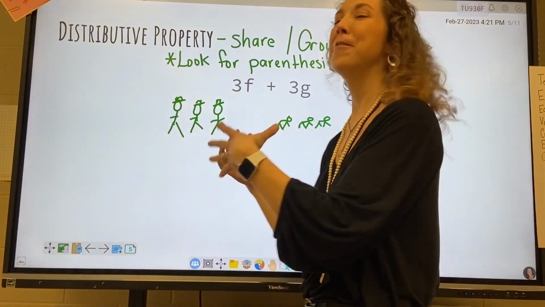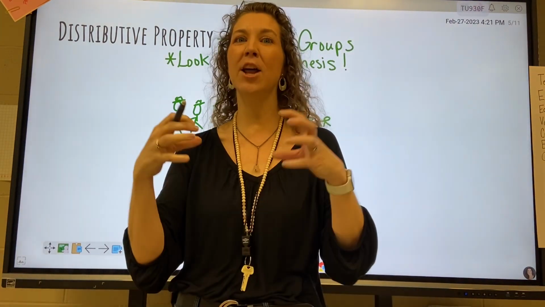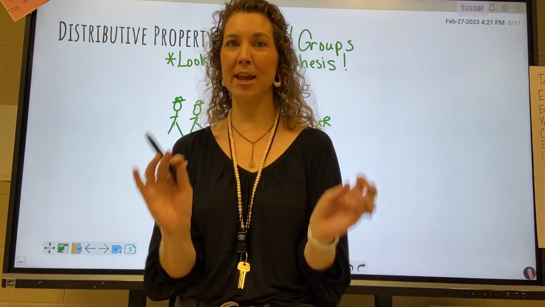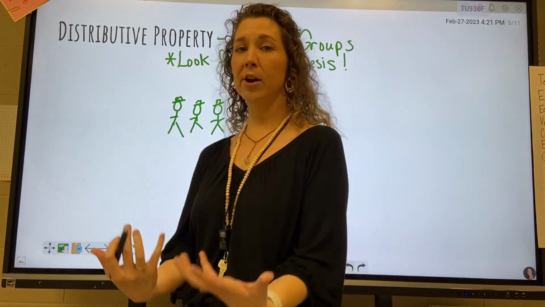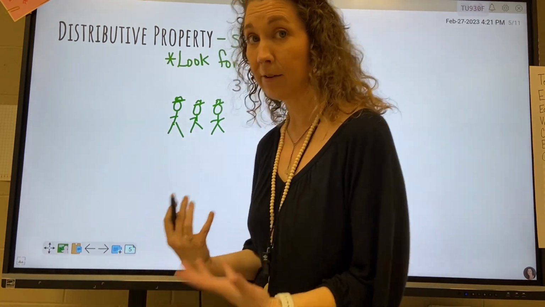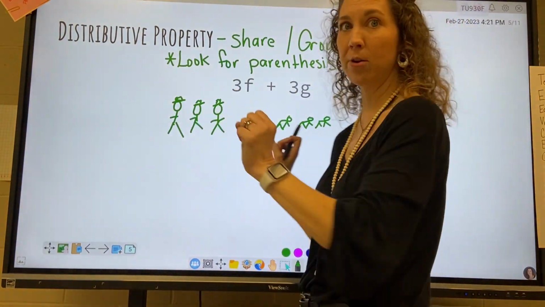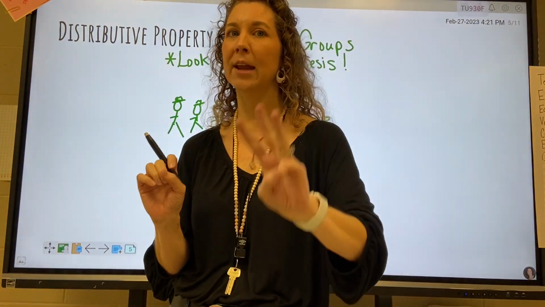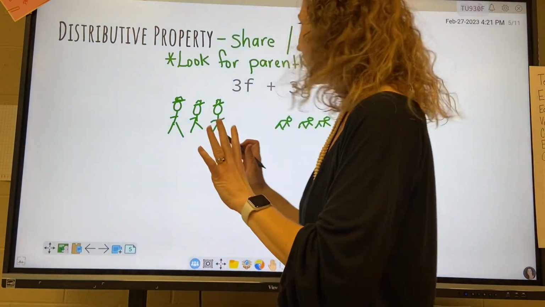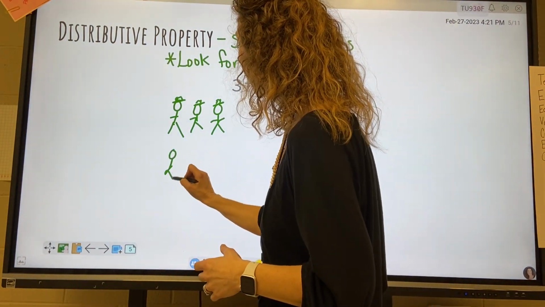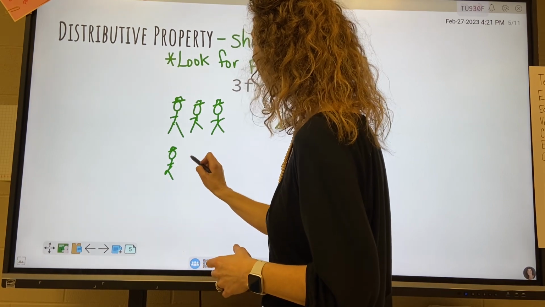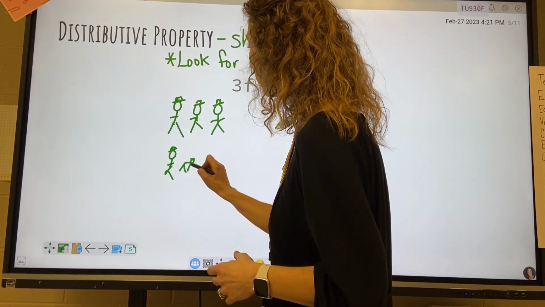All right, we're gonna put the farmers and the goats in groups so that there's the same number of farmers and the same number of goats in each group. And we gotta figure out how many groups we're going to make. So we've got 3 farmers and 3 goats, so it seems like we could make 3 groups. And in each group, we could have a farmer, let me give him a little hat, and a goat.